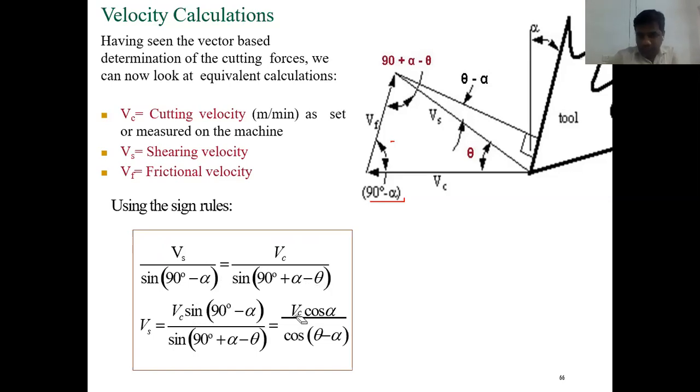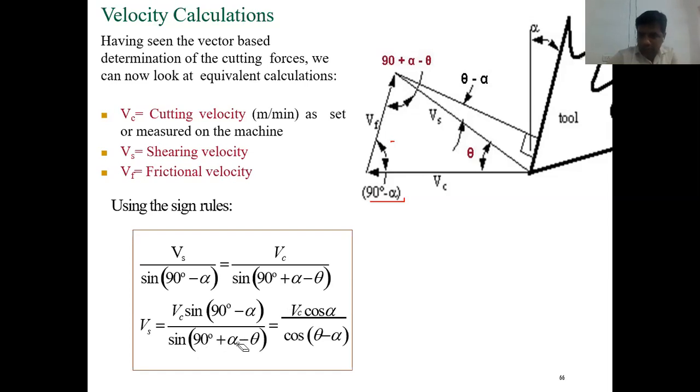To simplify, sine 90 minus alpha can be written as cos alpha. So VC into sine 90 minus alpha becomes VC cos alpha, divided by sine 90 plus alpha minus theta.